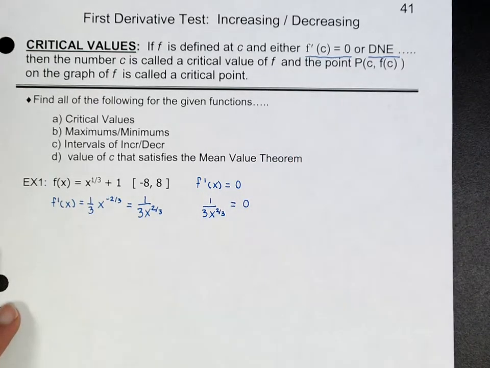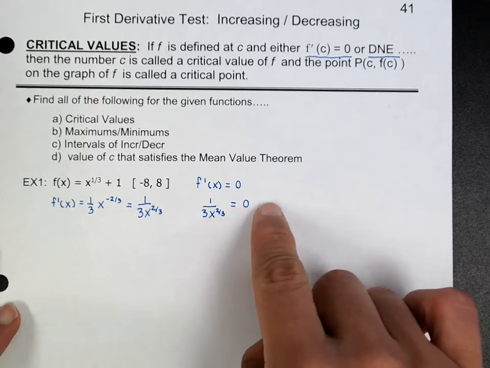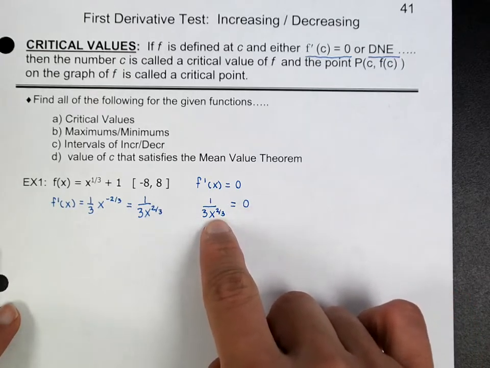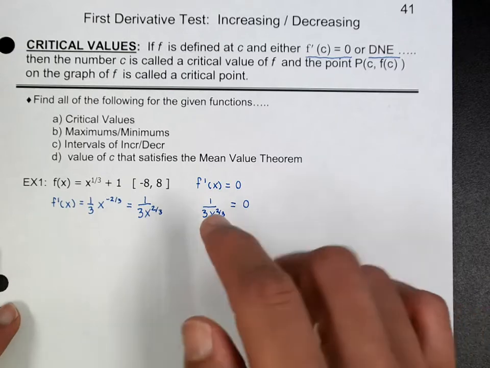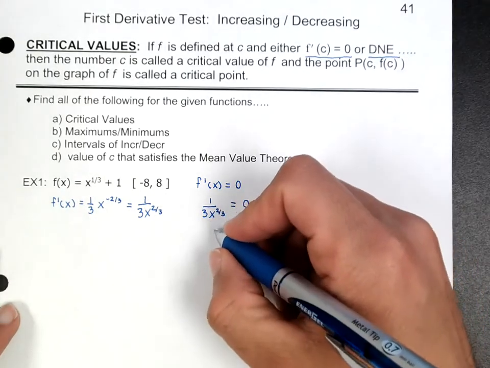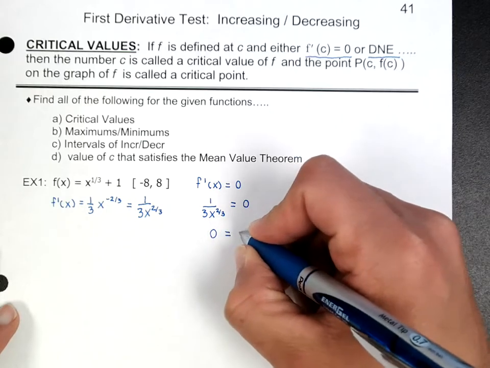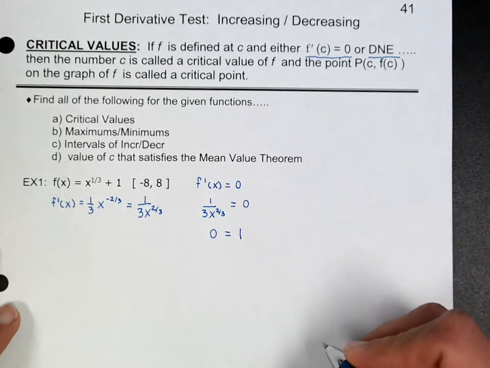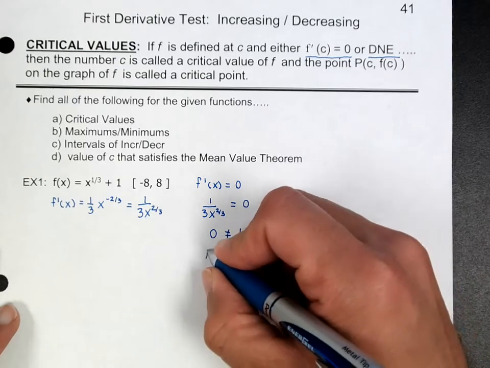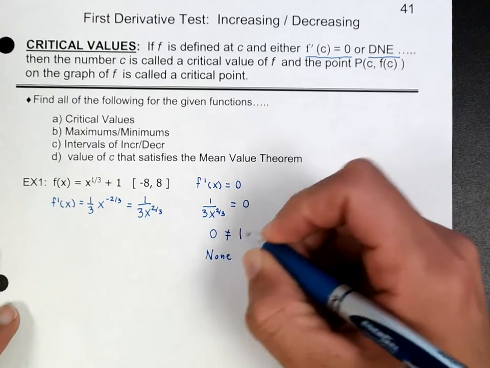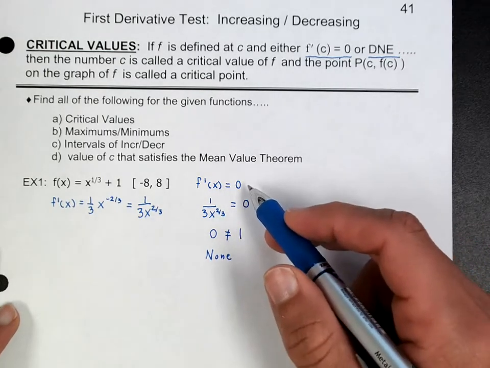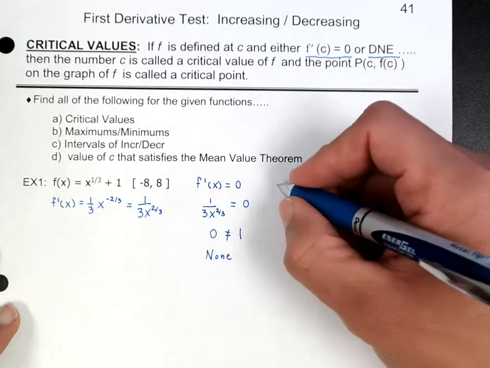To solve this, you would either multiply both sides times the denominator, or cross multiply. However you want to do it is fine. On this one, you'll find that you get 0 is equal to 1, which is not true. So there is not an x value where the derivative is equal to 0. We don't have a critical value there.